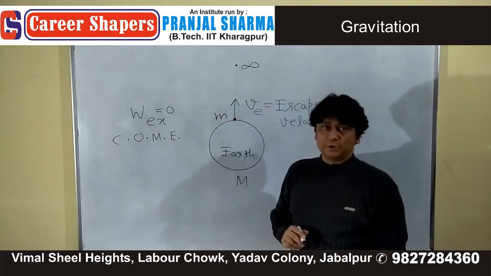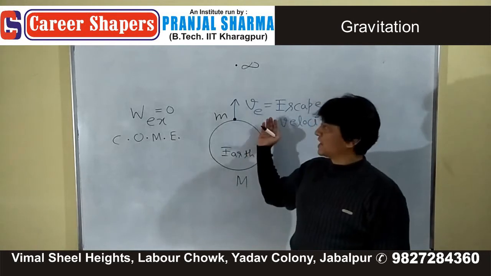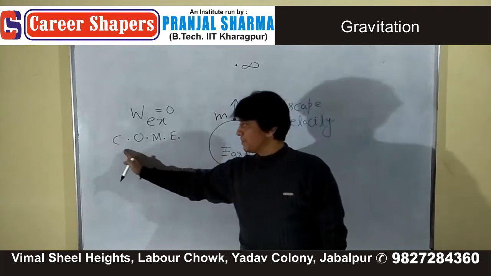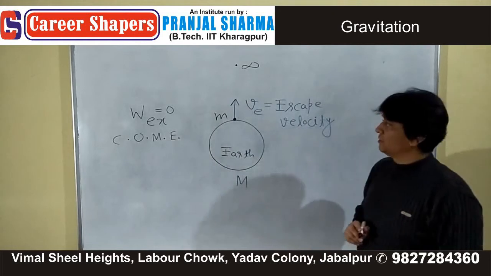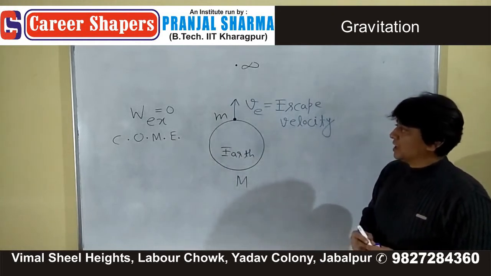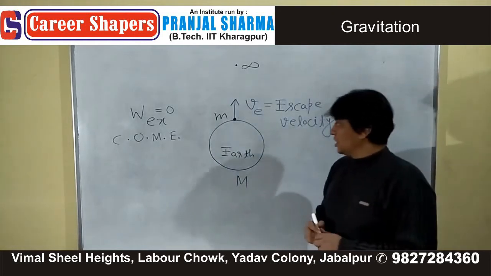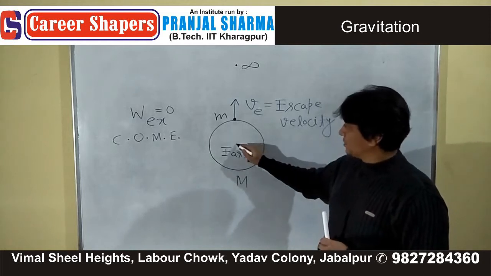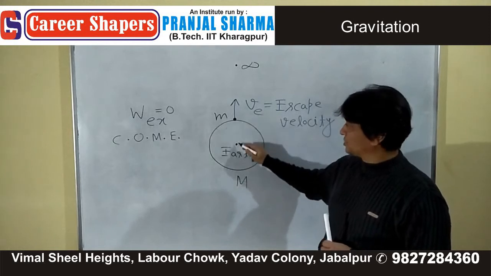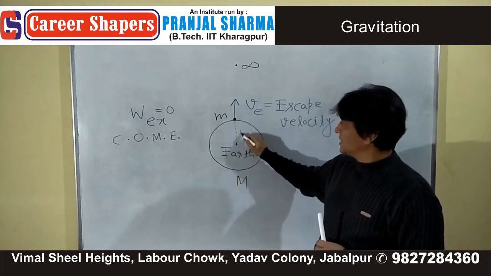Now pause the video and try to find escape velocity using the concept of conservation of mechanical energy. You can see that the distance from the center of Earth of this projectile is r.